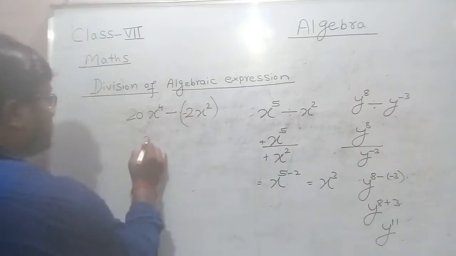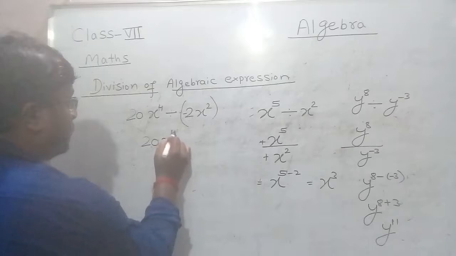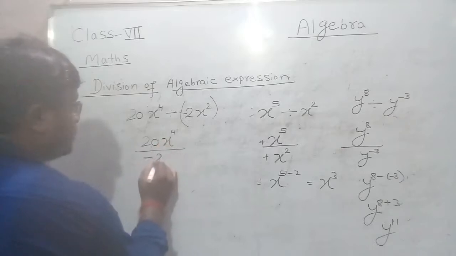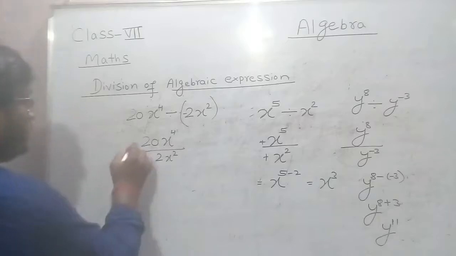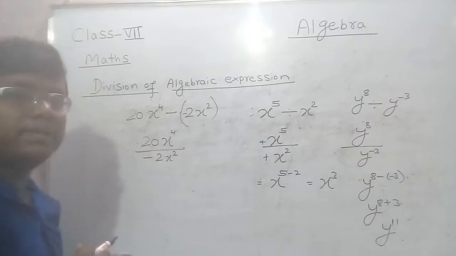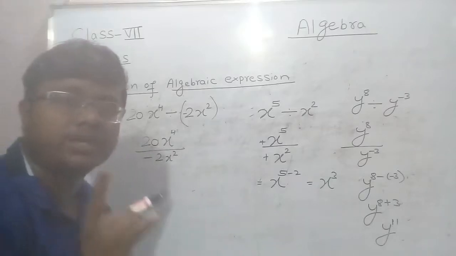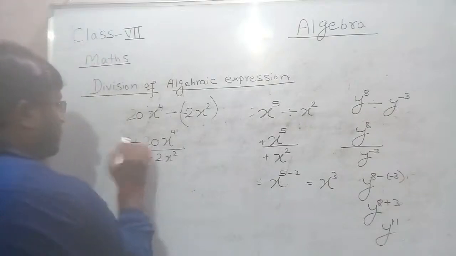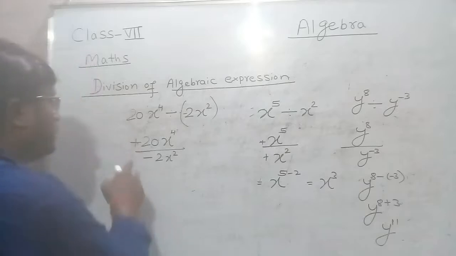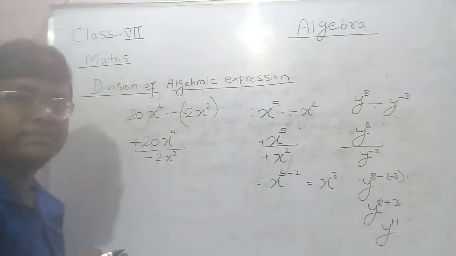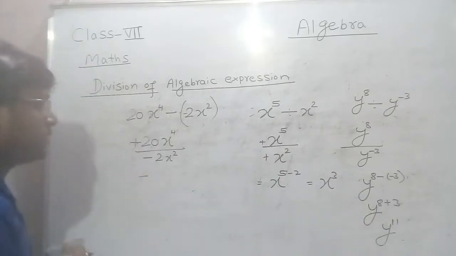Here in front of 20, which sign is there? If nothing is written, we have to understand it is positive. So first of all, we have to do the division of sign. Plus divided by minus is minus.